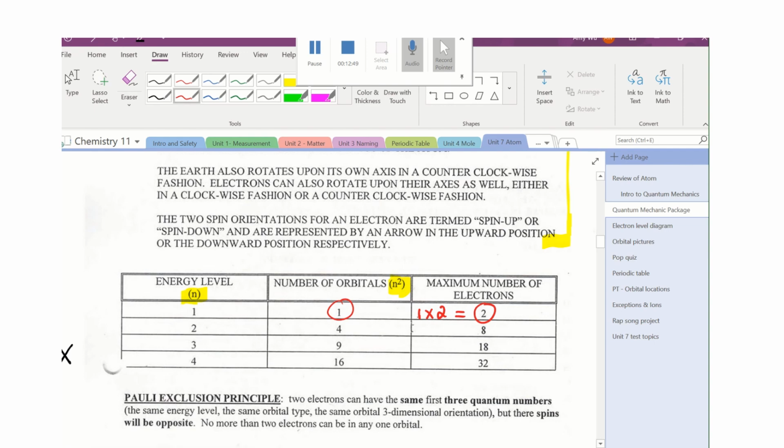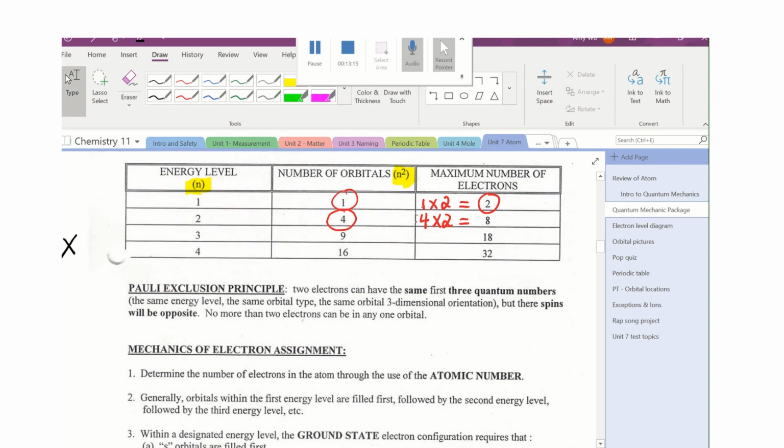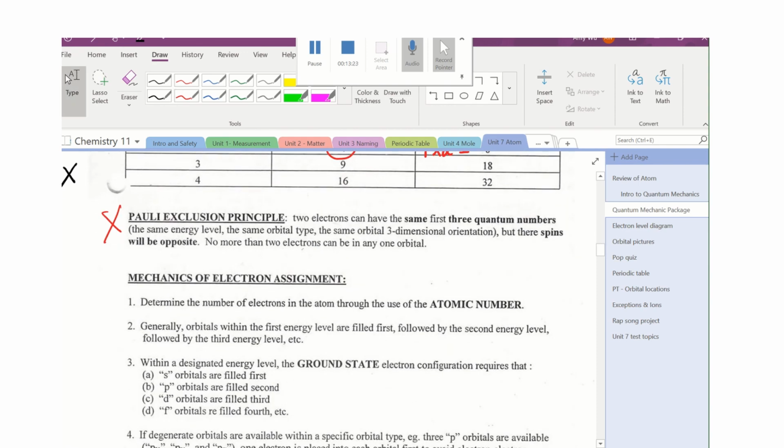And for the energy level 2, there are 4 orbitals, so 4 times 2, because each one holds 2, so the maximum number of electrons in the second energy level is 8. Again, you don't really need to memorize these numbers because you will be able to figure them out as we go. So this is just how these numbers came from. I don't need you to know the Pauli exclusion principle. That gets a little too deep.